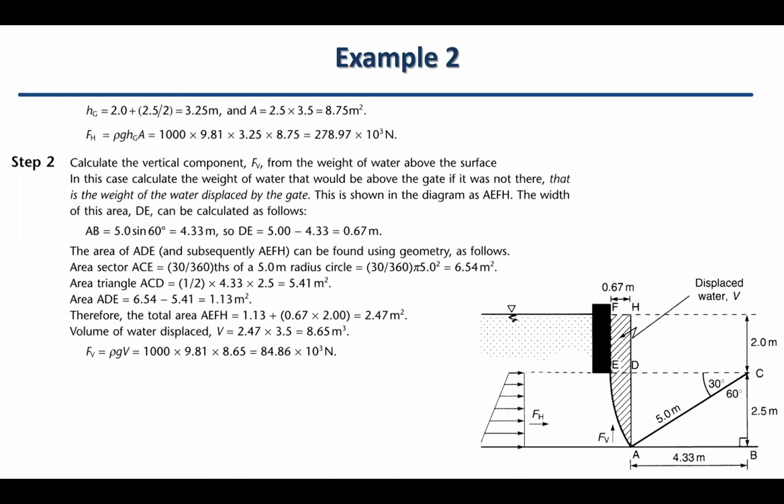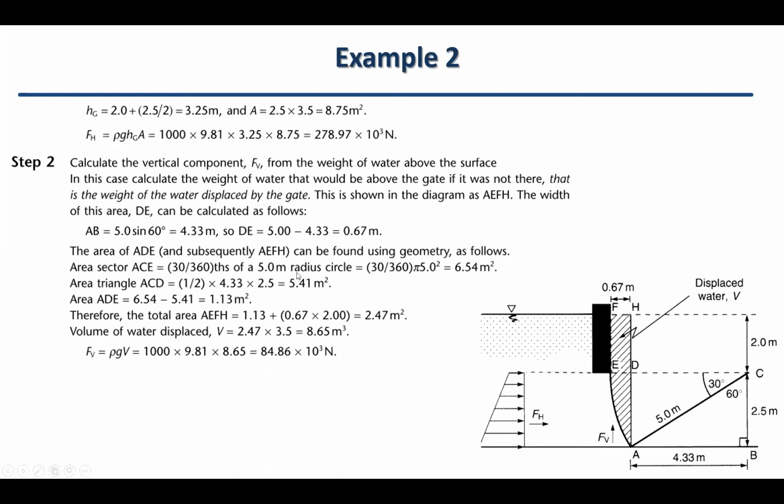Now we need to calculate ADE. For the area of ADE, we first need the sector. The sector ACE is 30 out of 360 degrees of the area of a whole circle.